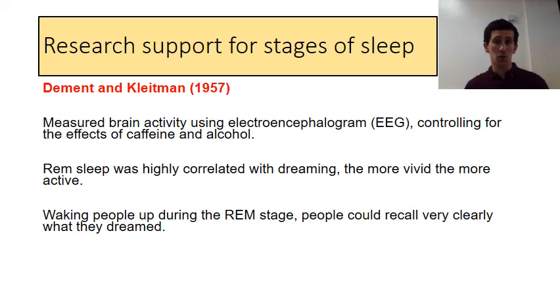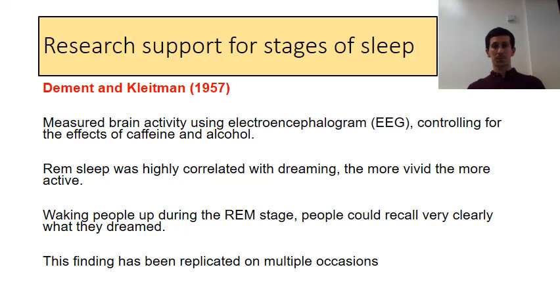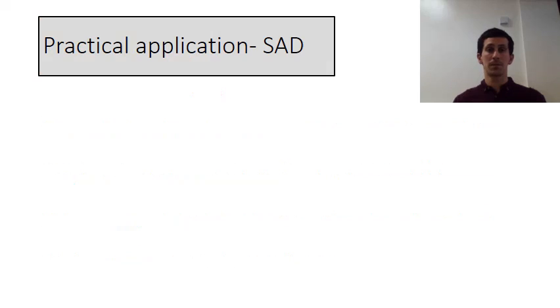And when you wake someone up during that REM stage, they could vividly recall what they were dreaming about. So this finding has been replicated on a number of occasions. So it shows us that there are different stages of sleep. Okay, the brainwaves are linked with different parts and different things that occur during the sleep cycle.